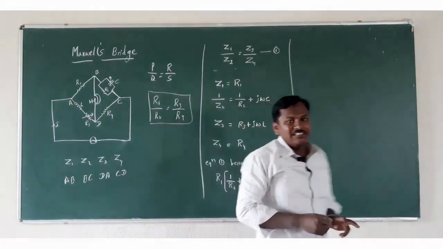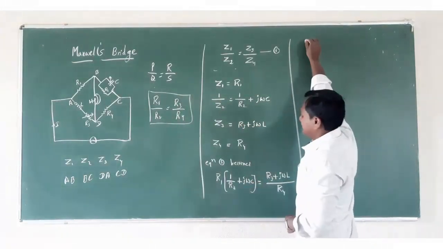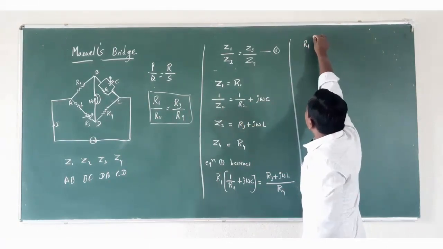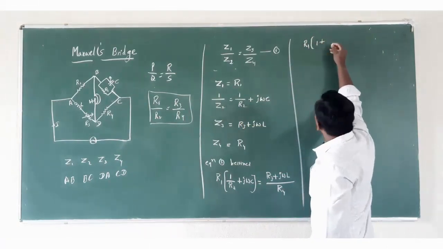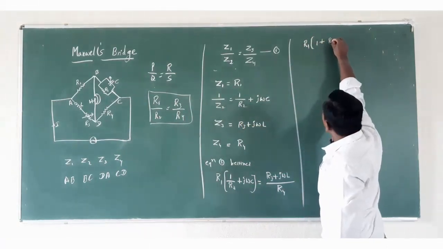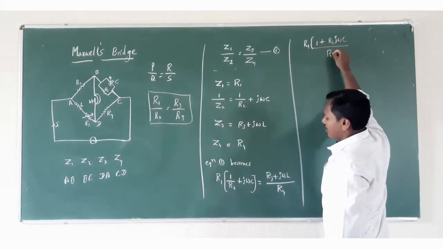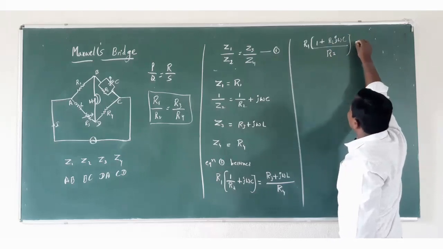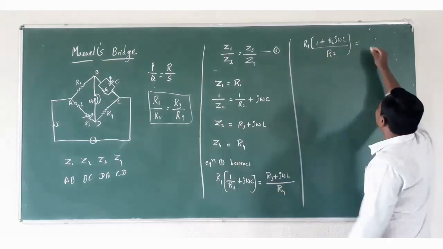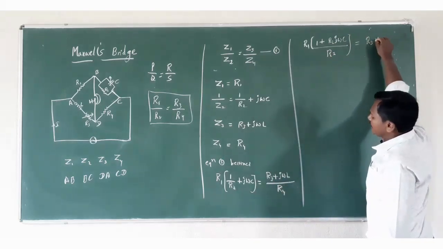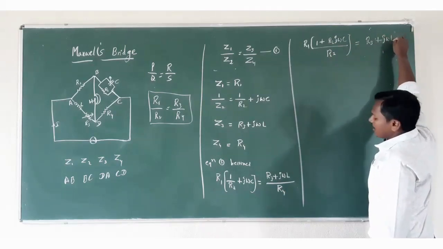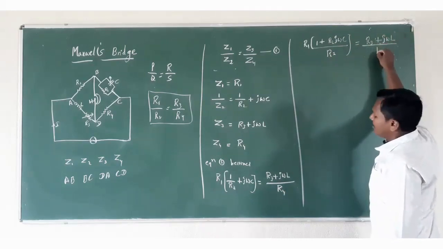If we simplify this term we get R1 into 1 plus R2 j omega C divided by R2 is equal to R3 plus j omega L divided by R4.